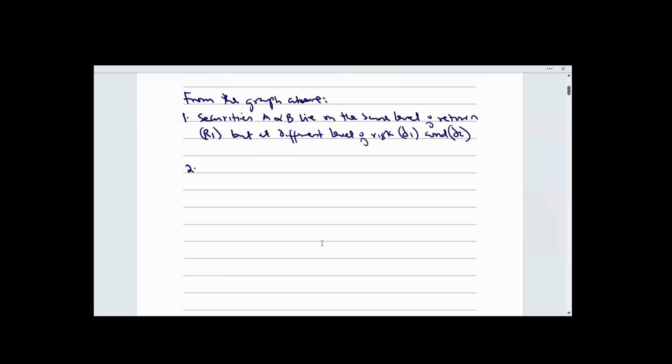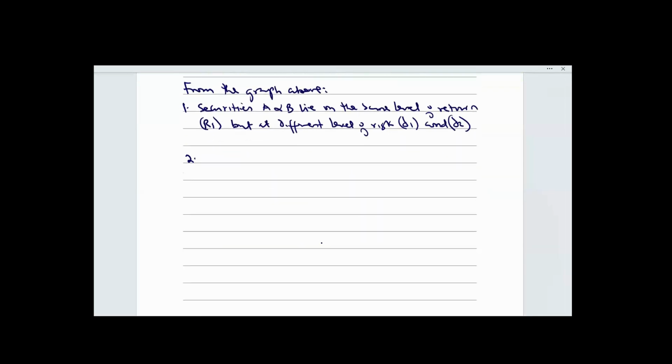So you then say security A with a lower level of risk relative to security B is preferred.